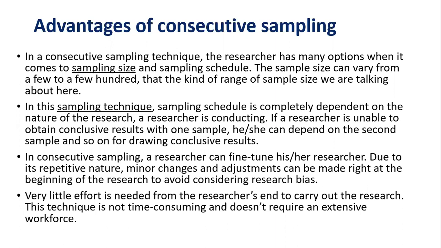Very little effort is needed from the researcher's end to carry out the research. This technique is not time consuming and doesn't require an extensive workforce, because the sample is easily available to you. So this is regarding consecutive sampling. If you have any doubt, you can ask.